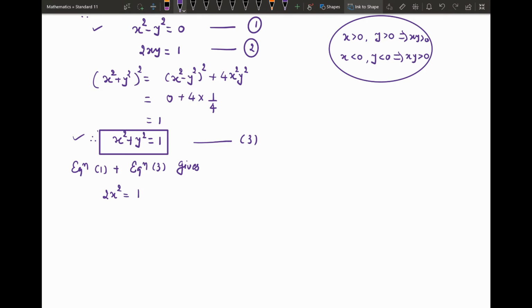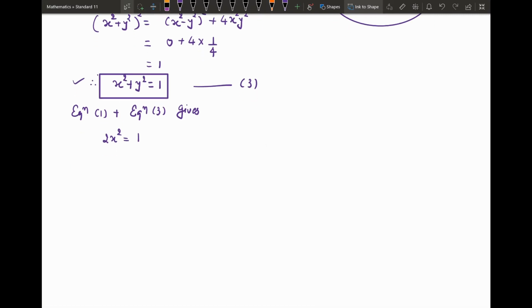So x square equal to 1 half, and therefore x equal to plus minus 1 upon root 2.